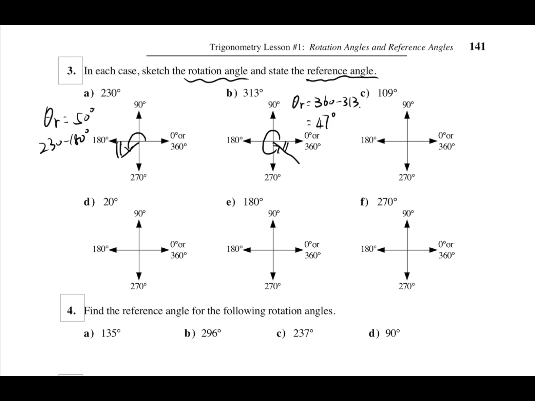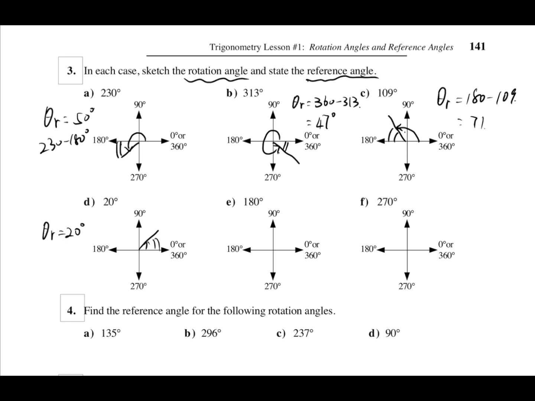For C, this part is 109, so this one is the rotation angle. So this part is the reference angle, so the theta reference equals 180 minus 109, so the reference angle is 20 degrees.